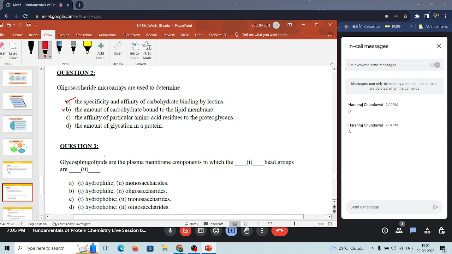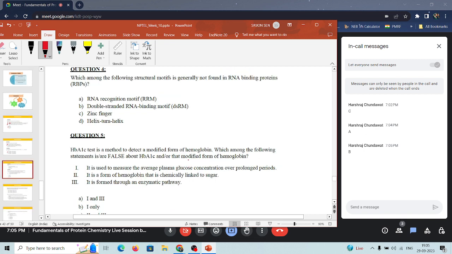So glycosphingolipids, you have a sphingosine over there, you have the fatty acid chain, and you have the sphingosine, and that's bound to some sugar portion. So the head group is basically hydrophilic, and B, oligosaccharides. Yes, that is the correct option. So if the head group is hydrophilic and these are oligosaccharides, correct. Okay, the next one.